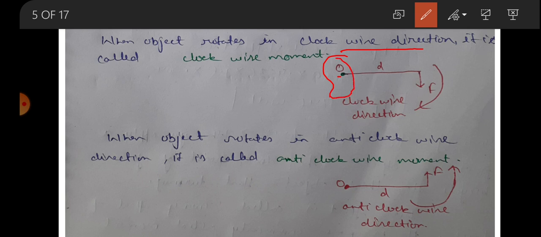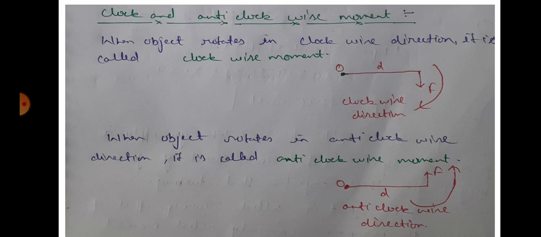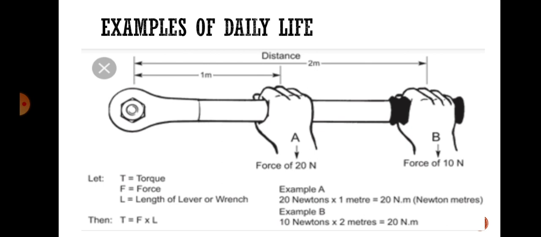Suppose this is your object, and it will rotate about a point O. We have applied a force at a distance d from O. Now you can see that this object will rotate in this particular direction, and a clock also moves in this direction. So this is your clockwise moment, and for the anti-clockwise moment, the object should rotate in the opposite direction. This is your anti-clockwise moment.